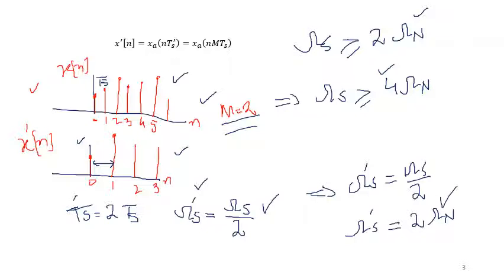In this case there will be no aliasing. But if the original sampling frequency is just equal to twice the maximum frequency, and we reduce the sampling frequency by half, then there will be aliasing distortion.